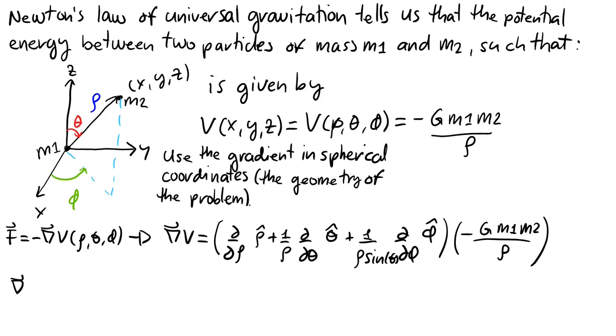In this case, the potential energy doesn't depend on the angles, so the derivatives are zero. The only meaningful term is that associated with the distance rho.